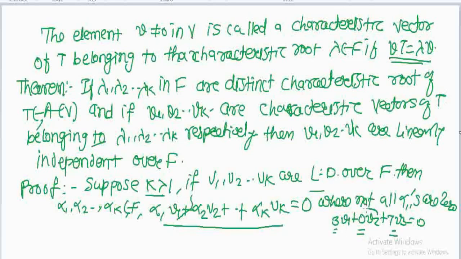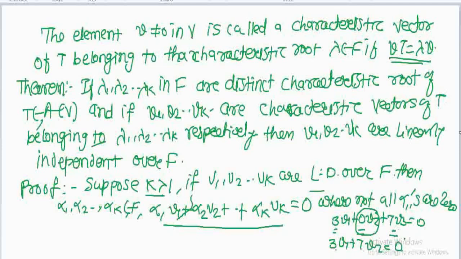Then we omit that vector and renumber this as 3 v1 plus 7 v2 equal to 0, so that we get an expression shorter than the first one, where none of the scalars is 0.